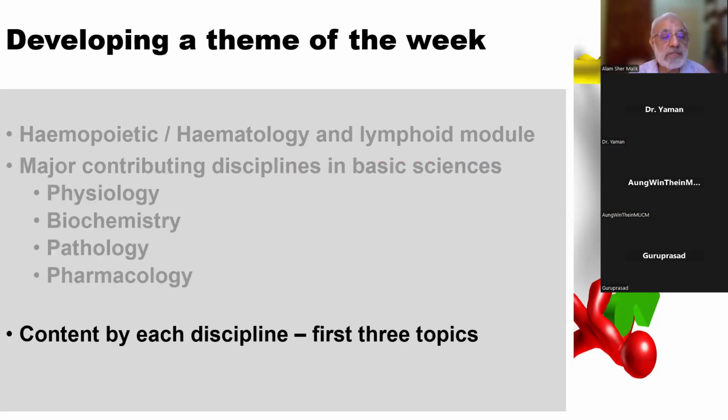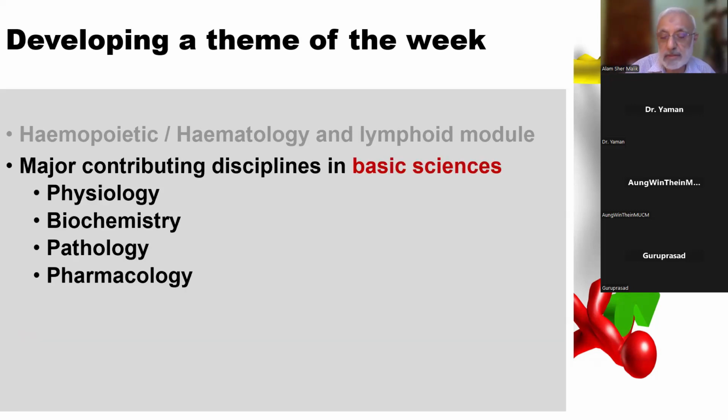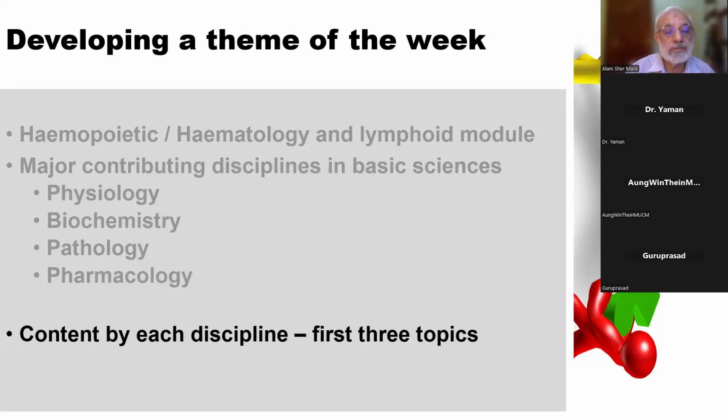To each discipline, we ask what are the 3 topics they want to teach in the beginning, or let's say the first week of the module. So we get the list from physiology, biochemistry, pathology, and pharmacology.